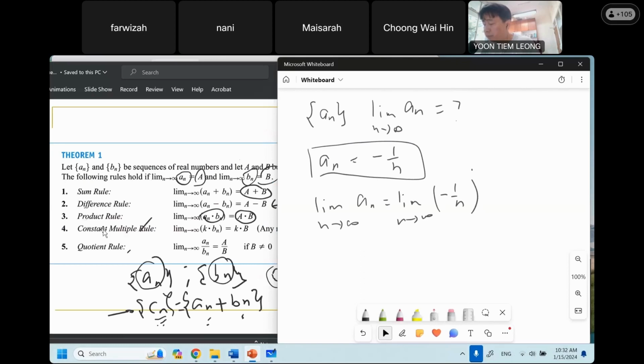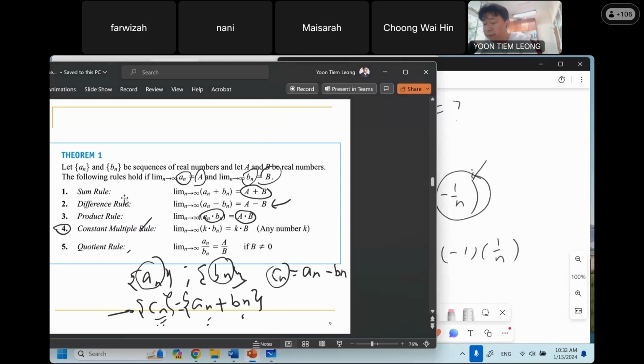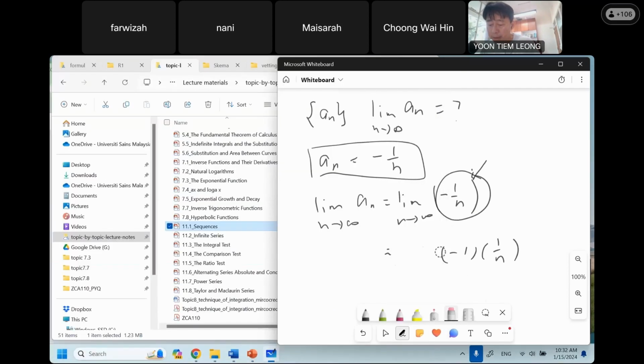of the product rule, the constant multiply rule. Here you can assume that this term is the product of minus 1 times 1 over n. Therefore, this term, according to the constant multiply rule, can be expressed as the product of minus 1 times the limit as n goes to infinity of 1 over n.